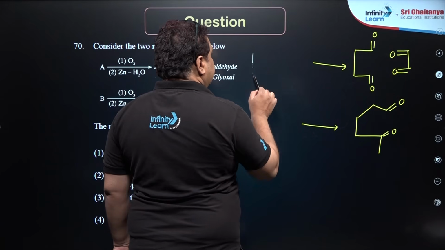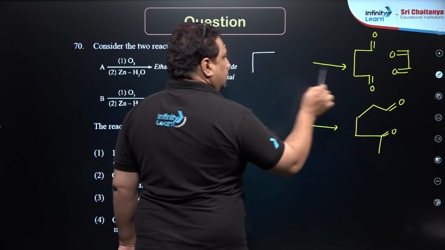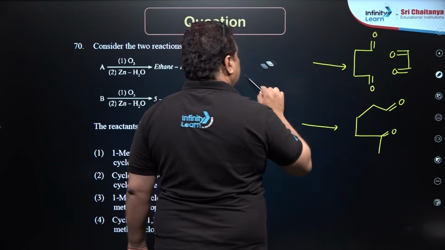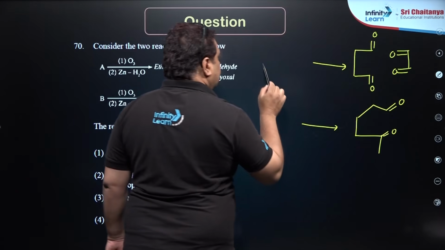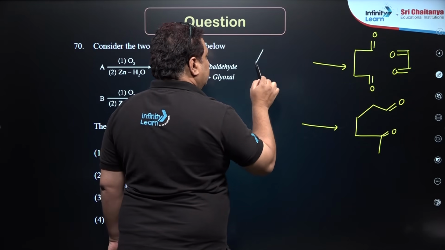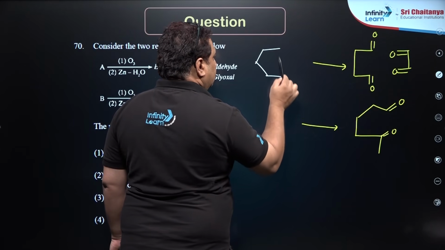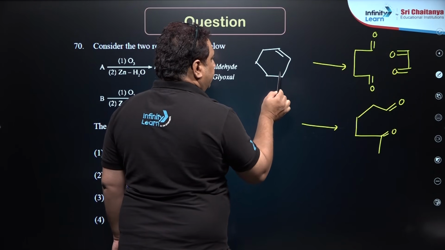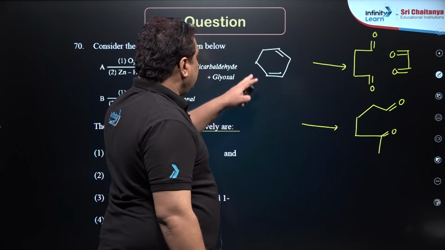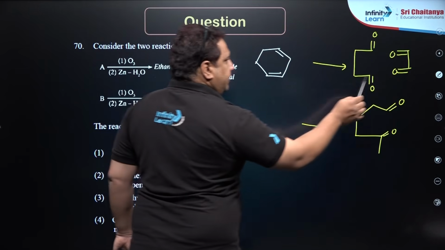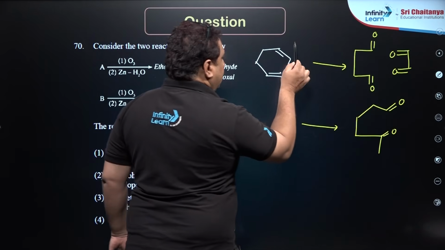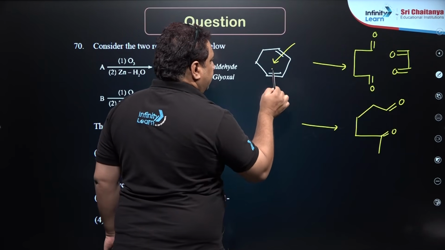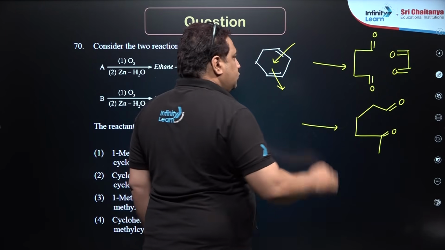So if you remove the oxygens, two carbons here. So here you can see, if you cut from here, you will get these two products.